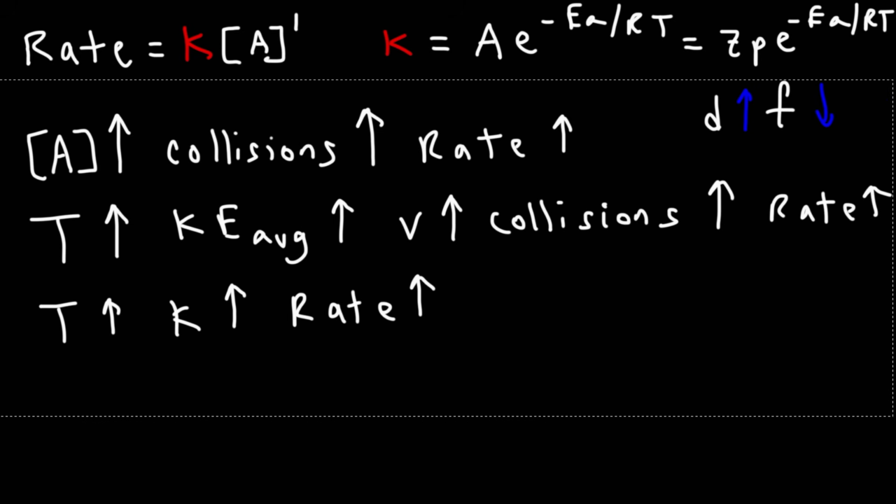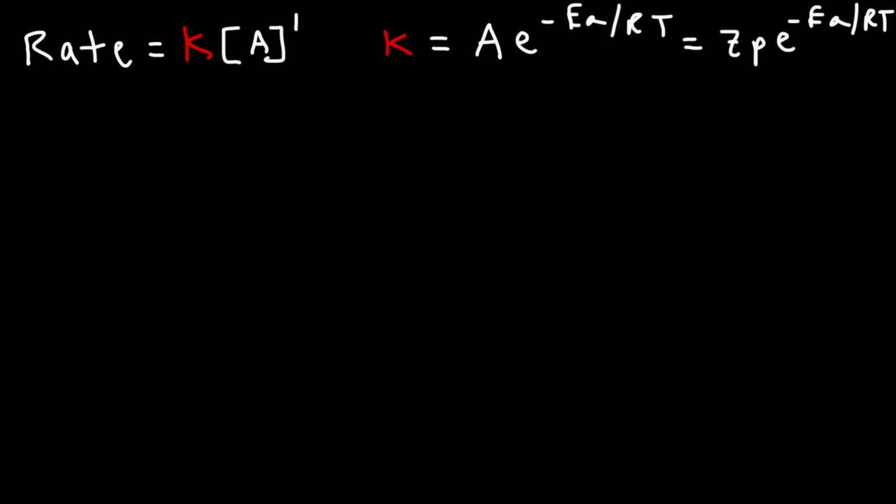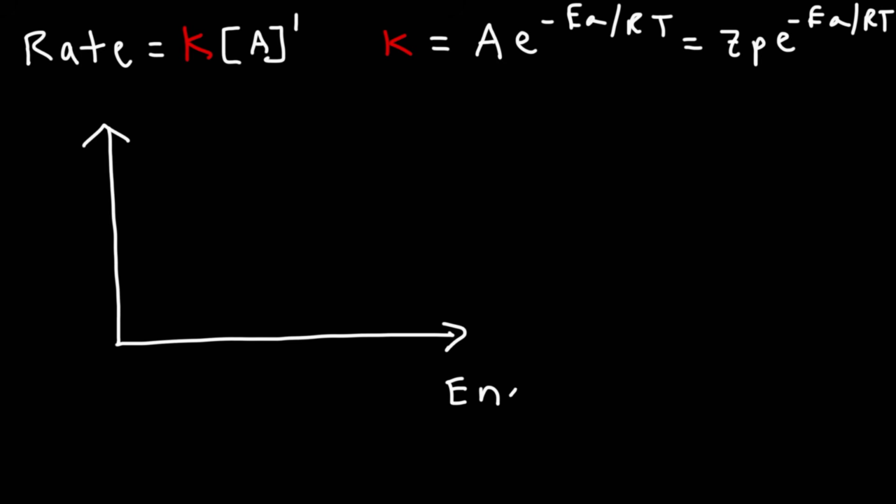And let's show this with a distribution curve. So we're going to have energy on the x-axis, and we're going to have the number of molecules on the y-axis. It's not moles, but molecules.